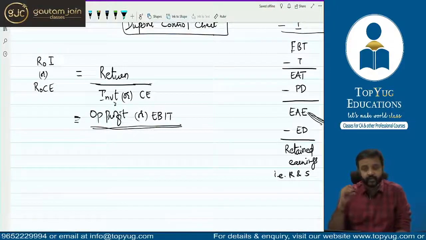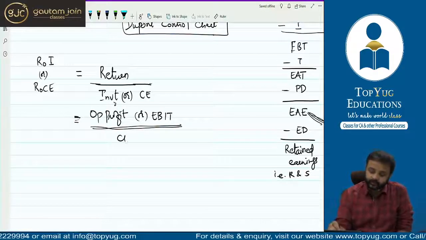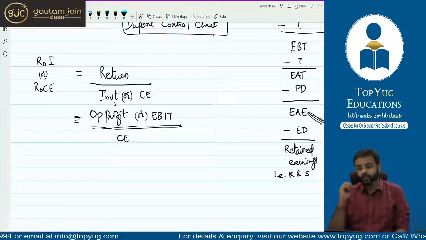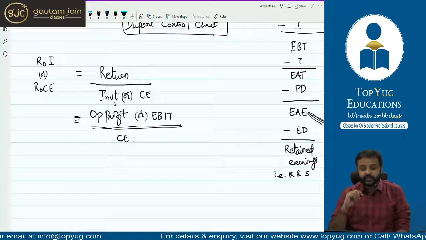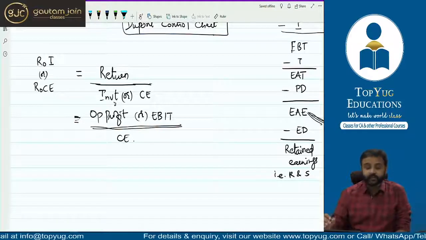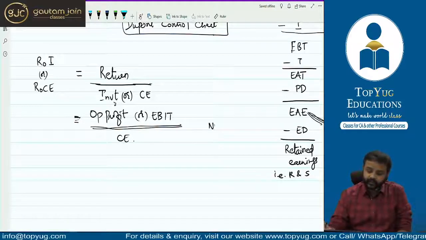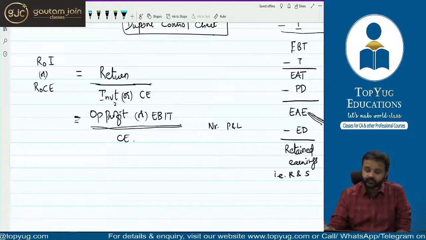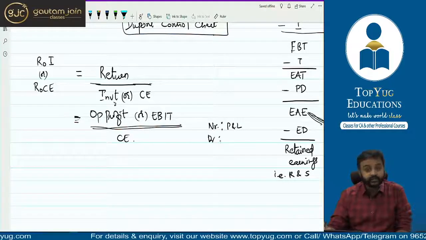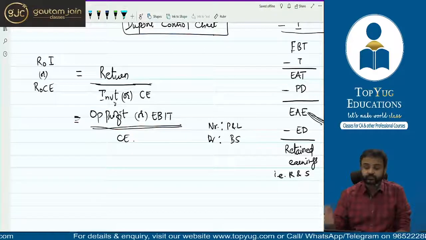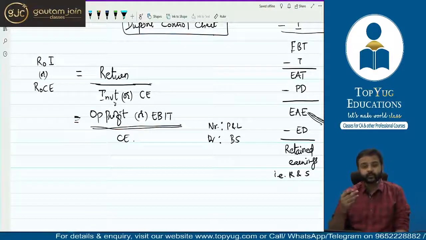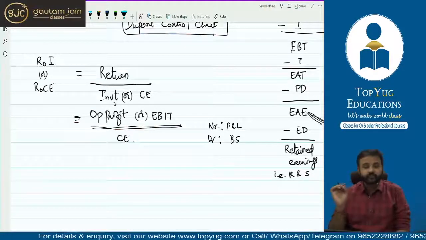Now denominator is what? Capital employed. Denominator was capital employed. But now one more thing here. See, the numerator is coming from P&L, correct? The numerator is coming from P&L, and denominator is coming from where? Balance sheet, because capital employed means what? Capital employed means debt and equity. So you will take that from balance sheet.